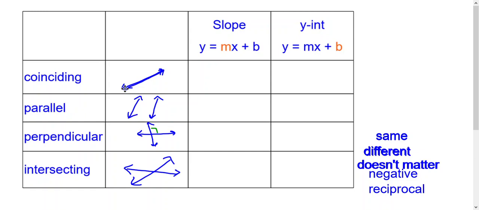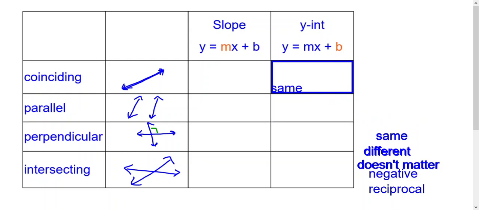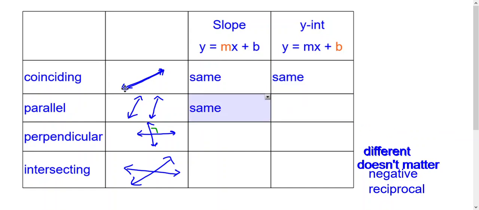So let's fill out our chart here, and then we'll be done with our notes. So coinciding lines, because they're the same line, they're going to have the same slope and the same y-intercept. Exactly the same line. Parallel lines will have the same slope, but we saw that the y-intercept had to be different.